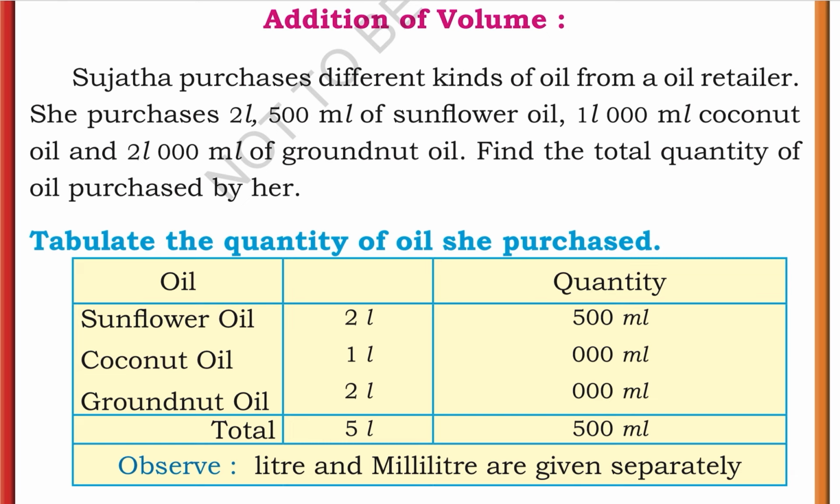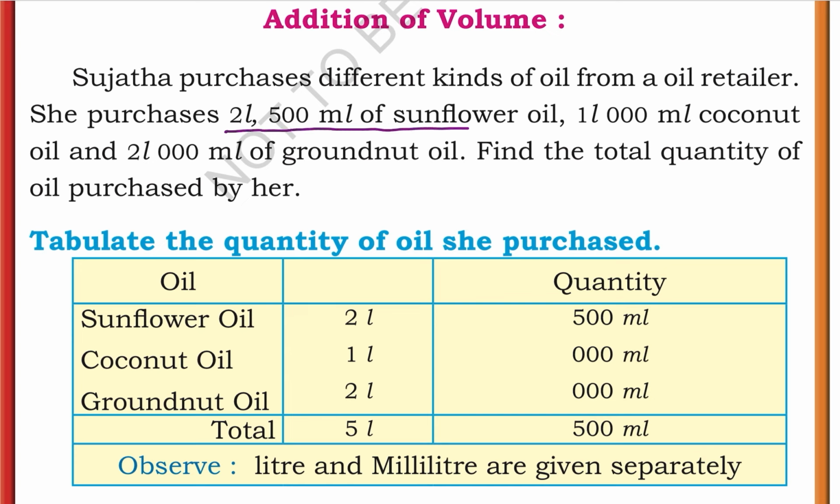See, Sujata purchases different kinds of oil from an oil retailer. Sujata purchases 2 liter 500 milliliter of sunflower oil. This is the first given data.